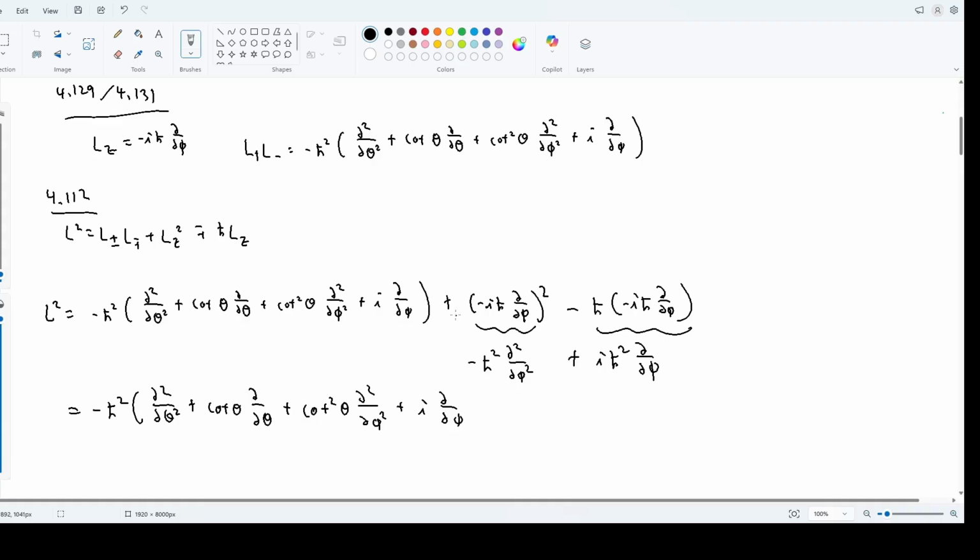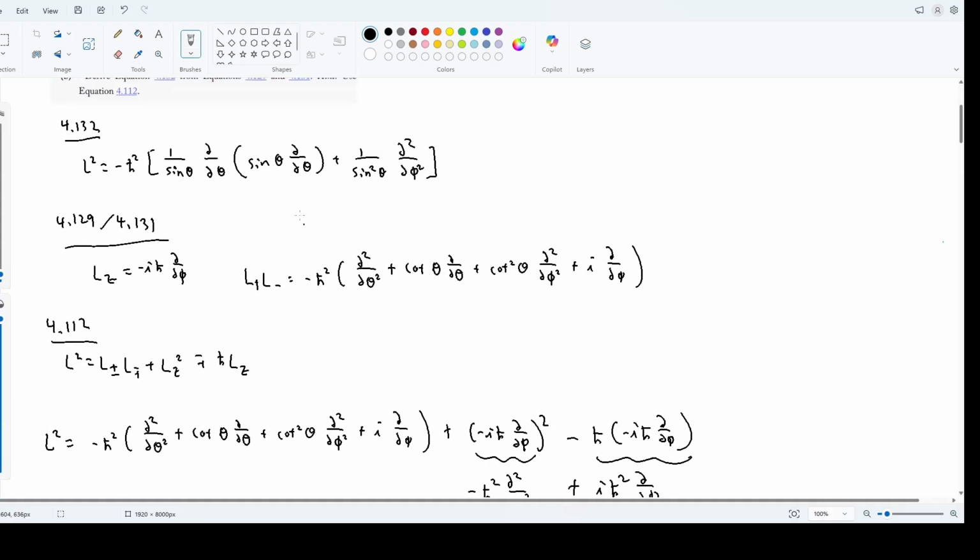And then we're factoring out a negative h bar squared, so that's going to be plus d2 by d phi squared for this term. And then this term is going to become a negative, so minus i d by d phi. Okay, immediately, convenient cancelation with these two. That leaves me with a bunch of other stuff.